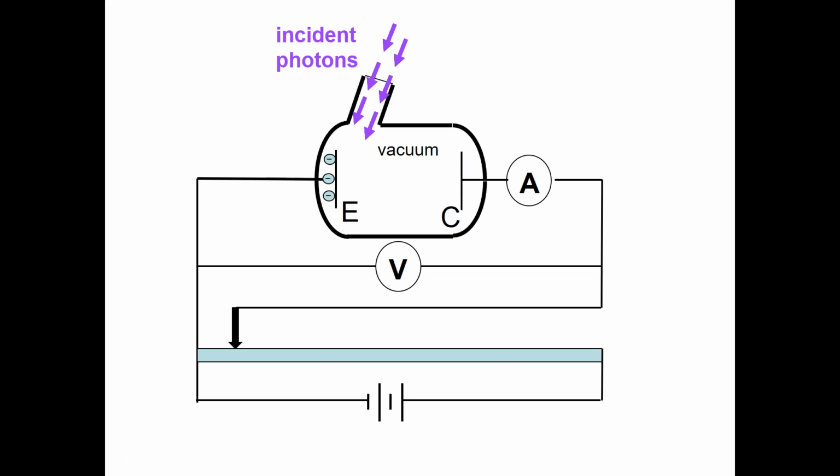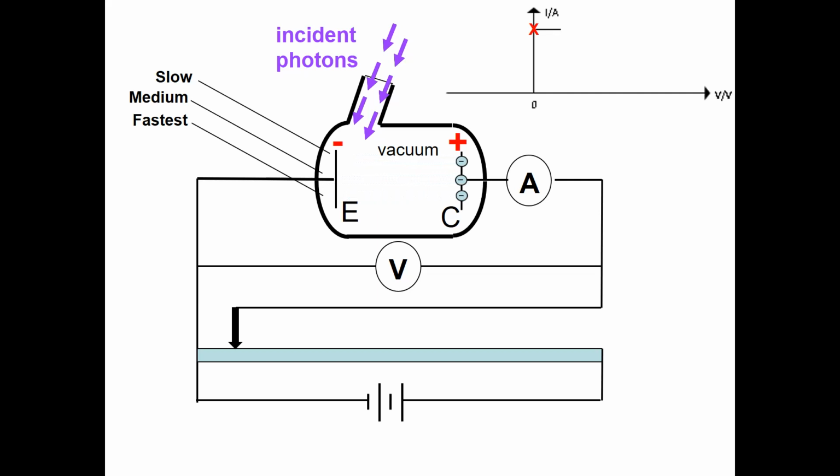Now watch what happens if I place my jockey down. C becomes positive, E becomes negative. So what happens? They all feel a force to the right. So every charge that's emitted reaches the collector plate. You increase the V a little bit, you don't change the I, because every electron that has already been emitted has been collected.